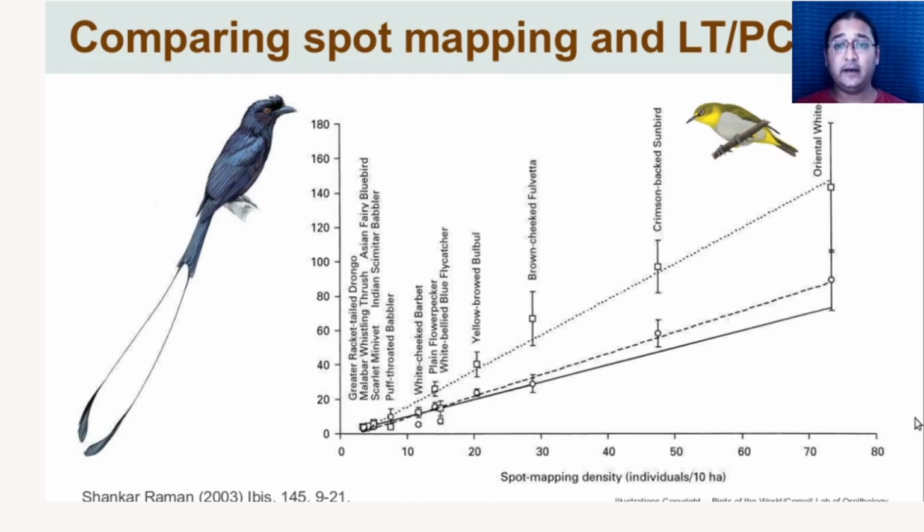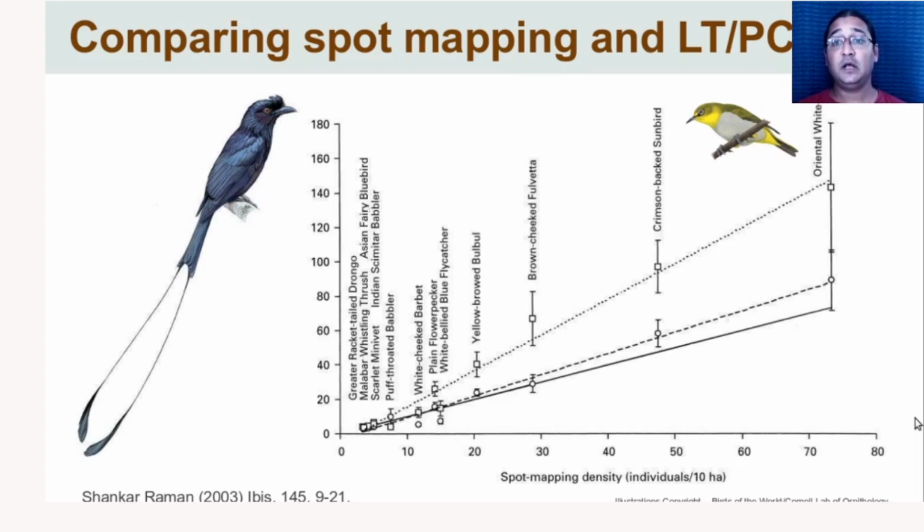What you find often is that the density estimates from line transects, which is the dashed line, are often higher than the density estimates from territory mapping or spot mapping, especially for birds that are very, very abundant, like the oriental white-eye, which is the last point there. And the point counts, in fact, the abundance estimates are far higher than spot mapping or line transect sampling.